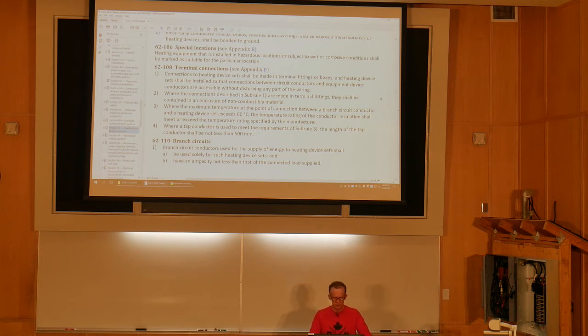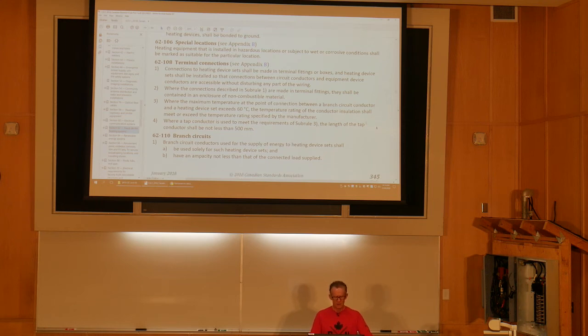That's critical. 2, where the connections described in Subrule 1 are made in terminal fittings, they shall be contained in an enclosure of non-combustible material. 3, where the maximum temperature at the point of connection between branch circuit and a heating device exceeds 60 degrees C, the temperature rating of the conductor insulation shall meet or exceed the temperature rating specified by the manufacturer. So the termination temperature rule, you'll have to look on the heaters because it'll tell you the minimum temperature rating required right in the connection box on heating.